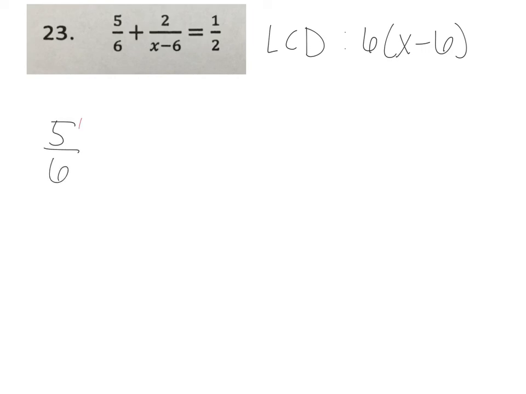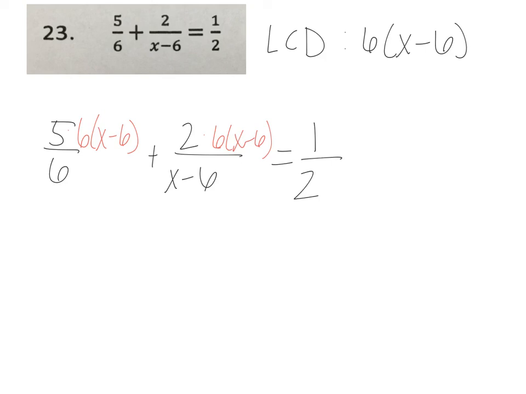So times 6 times x minus 6, plus 2 over x minus 6 times 6 times x minus 6, and equals 1 over 2 times 6 times x minus 6.